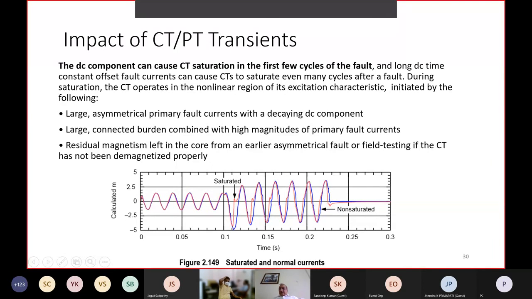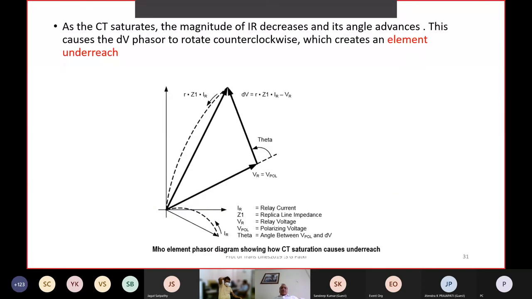Basically, what happens is when the CT gets saturated, the measured current magnitude falls down from the actual value. The primary current is very high, which is not getting reproduced on the secondary side correctly because of the partial saturation of the magnetic core. So the secondary current as seen by the relay will get reduced.